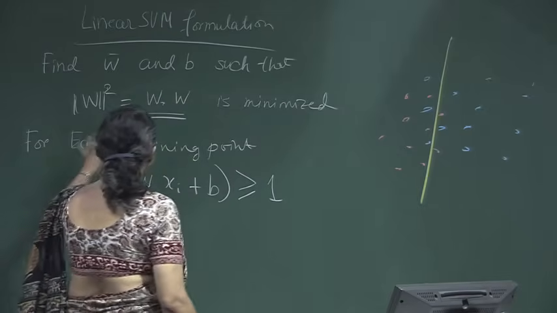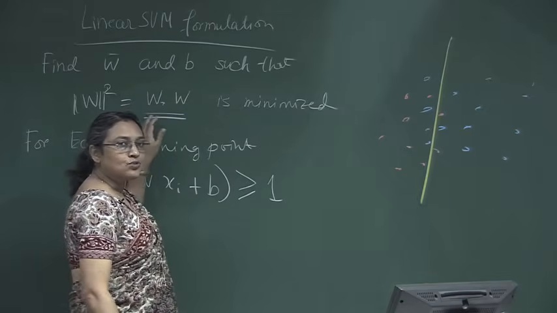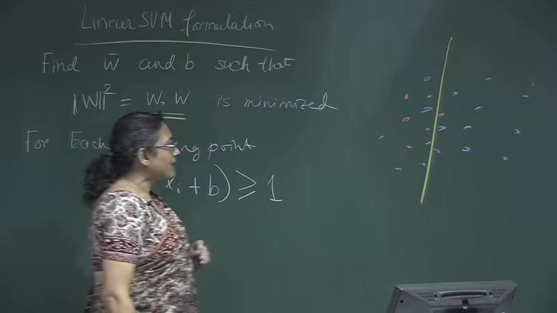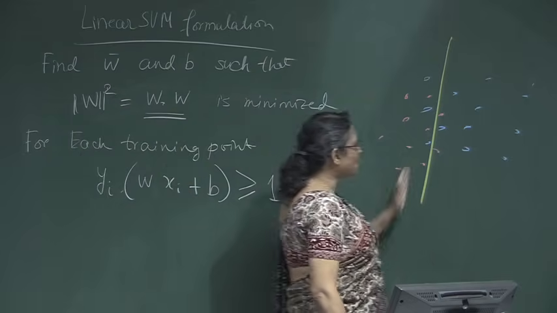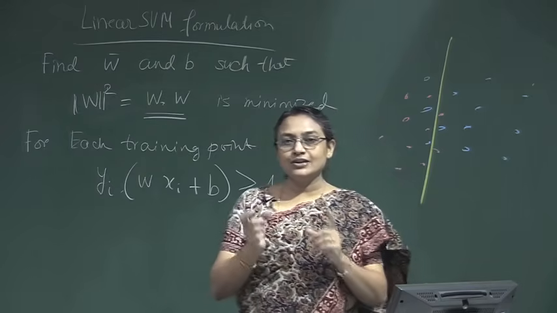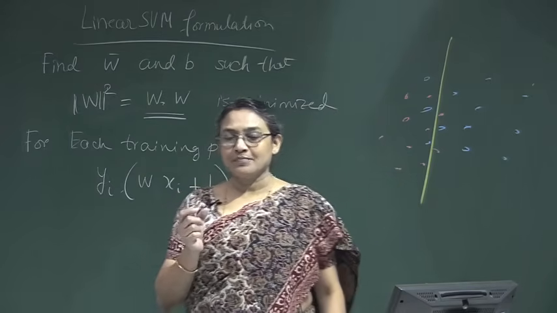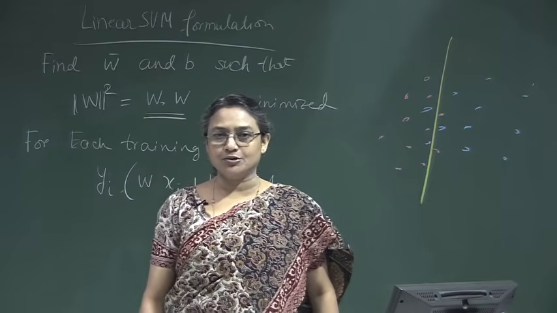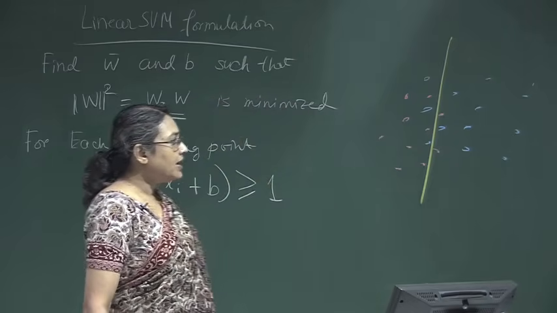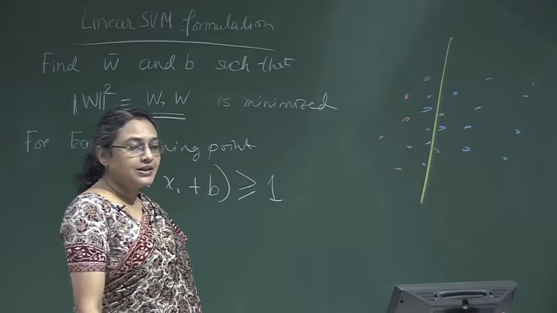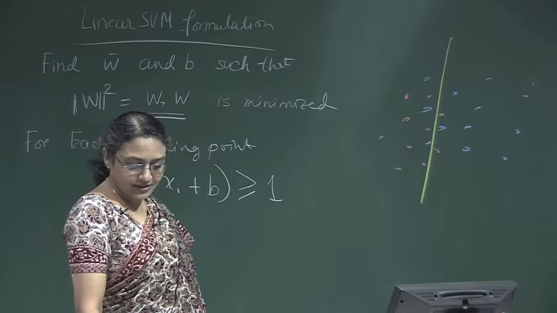So, first of all, we have to make changes to our optimization function. So, one way of looking at it is, we want a decision surface which looks at two things. One is maximizing the margin, which corresponds to minimizing W dot W. Secondly, we may say we want to reduce the number of misclassifications.